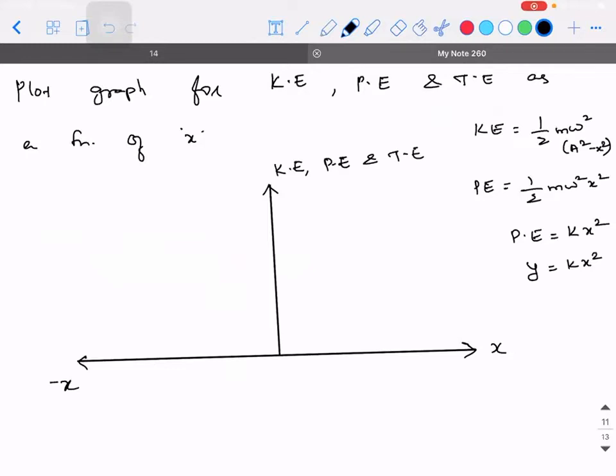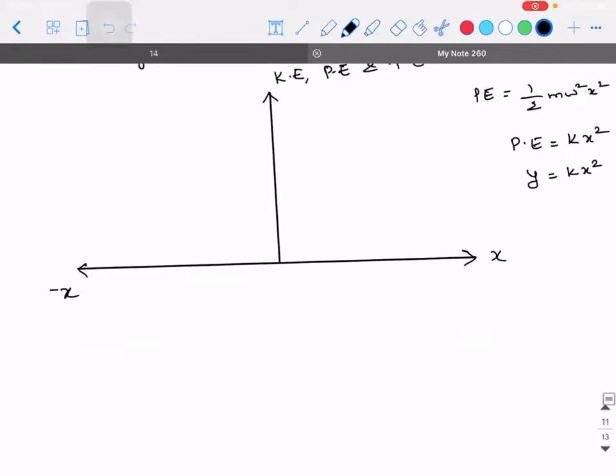What shape does it represent? Recollect it from your conic sections. Or if you don't know conic sections, you can recollect it from last year's math also. In your 10th standard, you would have learned: a second degree equation in one variable, what does it represent? That is a quadratic equation.